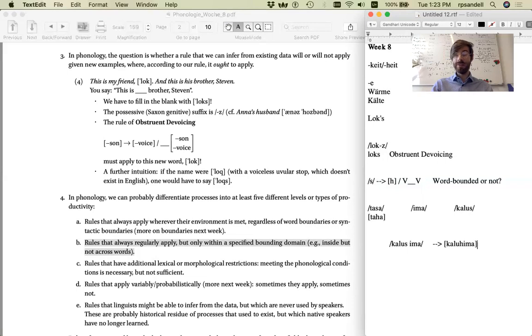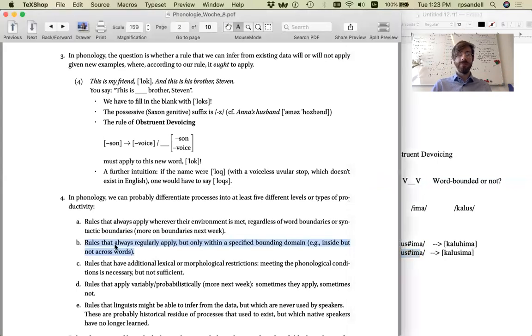But if the rule is word bounded and doesn't apply across words, then instead we would find kalusima. That is, the s would not become a glottal fricative between two vowels if there was a word boundary in between.